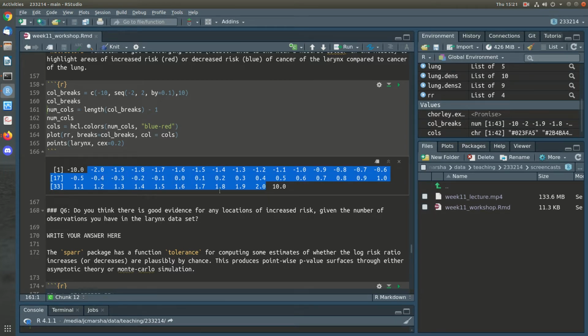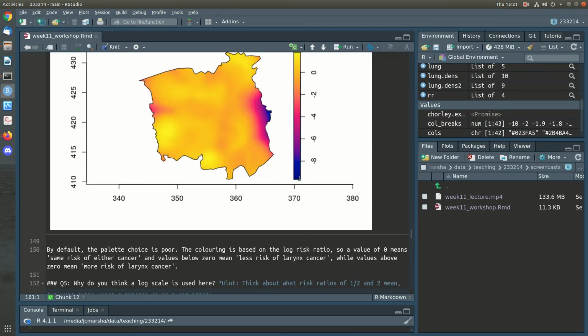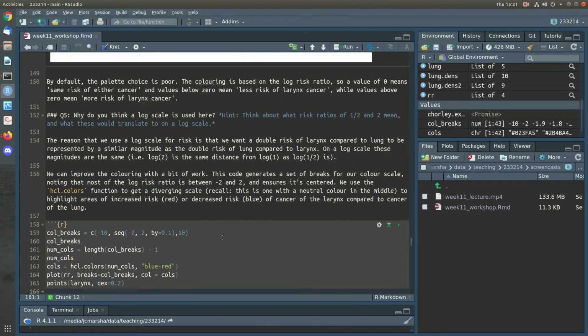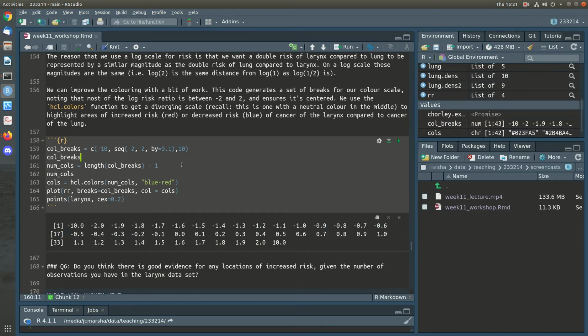So that's centered at 0. 0 is right in the middle, 0 being log 1, which is a relative risk of 1. And then we've got -10 and 10 at each end, just to make sure that we cover all the data, because our data went down to almost -10. So this just ensures it covers all the data.